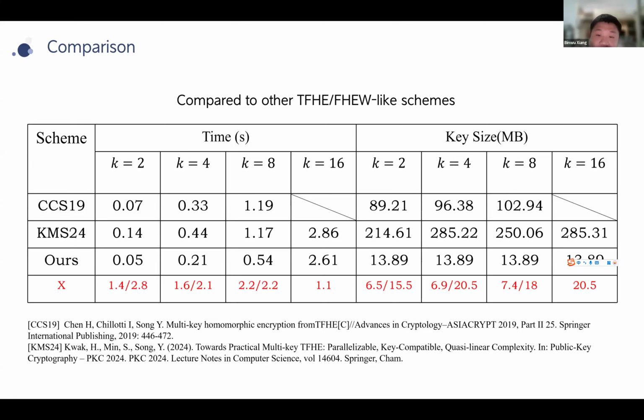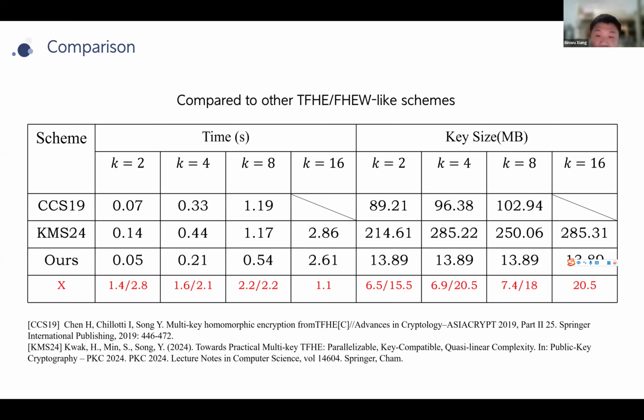In this table, we provide an experimental comparison of our schemes with other ring LWE-based multi-key TFHE schemes. From the table, you can see that our multi-key FHE schemes are faster and have smaller bootstrapping keys than previous ones.